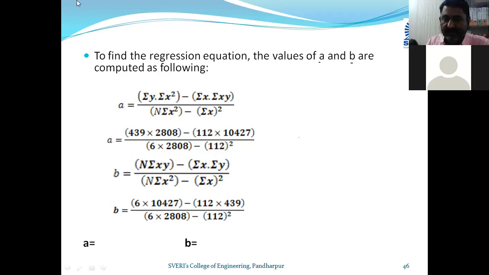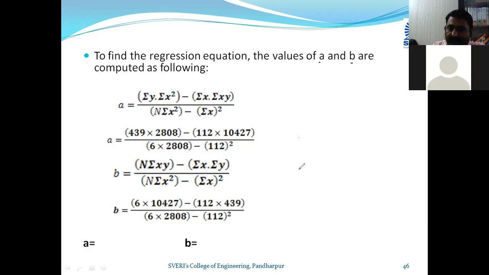So solve this. Then I will go for b: n summation xy minus summation x summation y, divided by n summation x square minus summation x whole square. So 6 into 10,427 minus summation x 112 into summation y 439, divided by 6 into 2808 minus summation x, bracket square, 112 square.